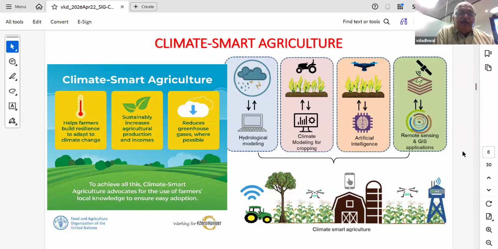Secondly, we have to have efficiency of irrigation and fertilizer application so that agriculture production increases and farmers' income increases. And then the third objective of climate smart agriculture is greenhouse gas emission, because after the use of fossil fuel, the next important component of all greenhouse gas emission is agriculture.